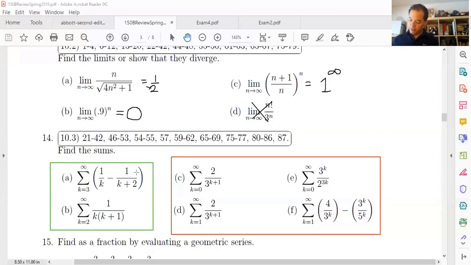So I'm going to do from 3 to infinity, like it says there. And I'm going to do 4 divided by k times k minus 4. Okay, so I'm doing a different one to illustrate.